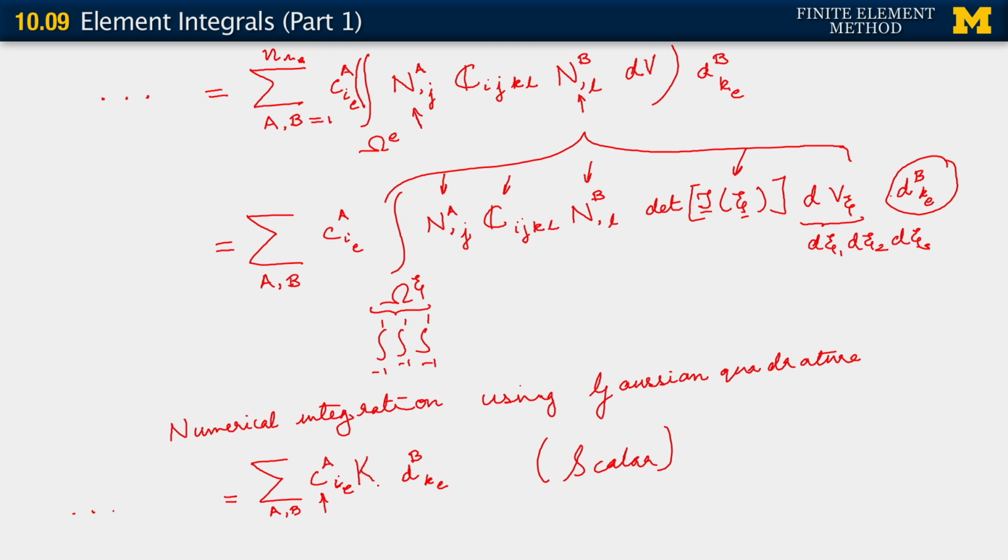It will also have free indices i, k. And it is essentially that integral. So the integral that we have here is K i k.